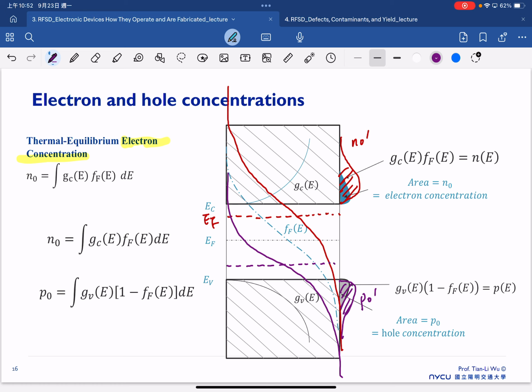So the conclusion here is that if our EF is close to our conduction band, that means our electron concentration is increased. That means this is an N-type semiconductor material.